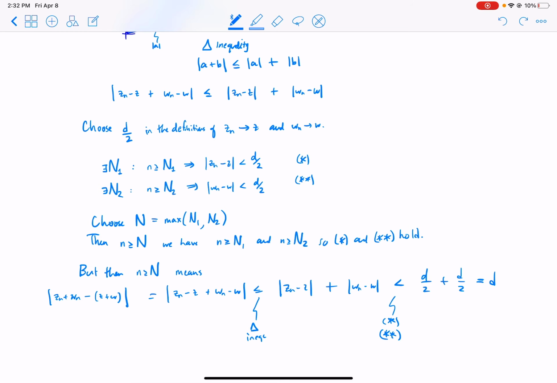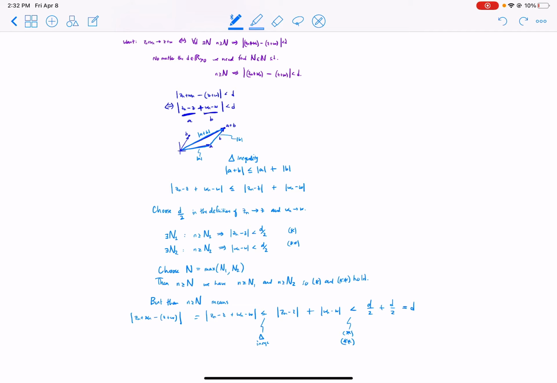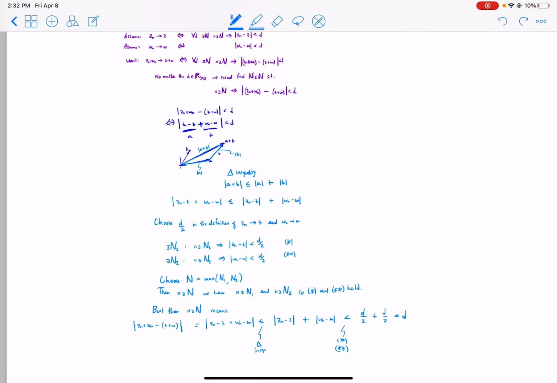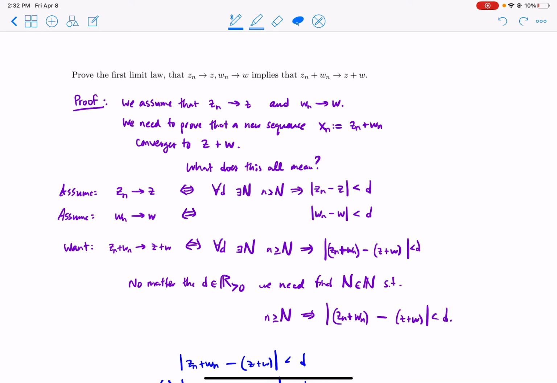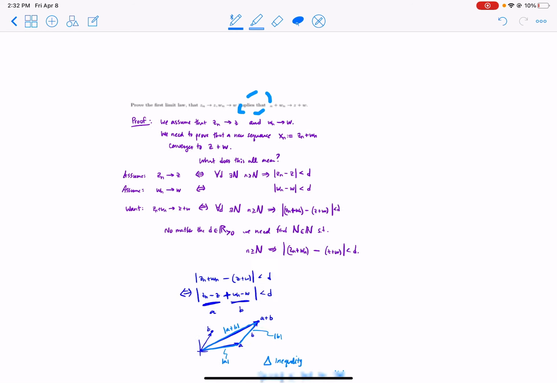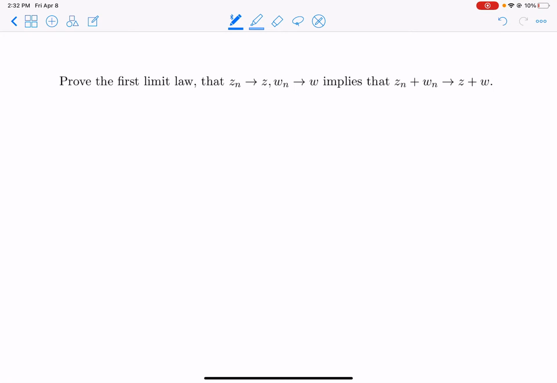Okay, we're done now. This exact same argument with the triangle inequality comes up so often in math. It is really worth your time to take a blank sheet of paper and try to figure this one out again. We assume this and we assume this. We need to prove this.